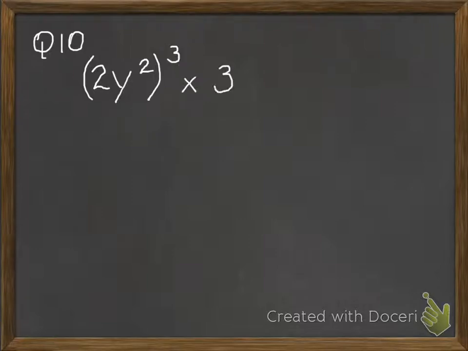Question number 10. Simplify 2 times y squared, all raised to the power of 3, times 3 times y cubed, all raised to the power of 3.